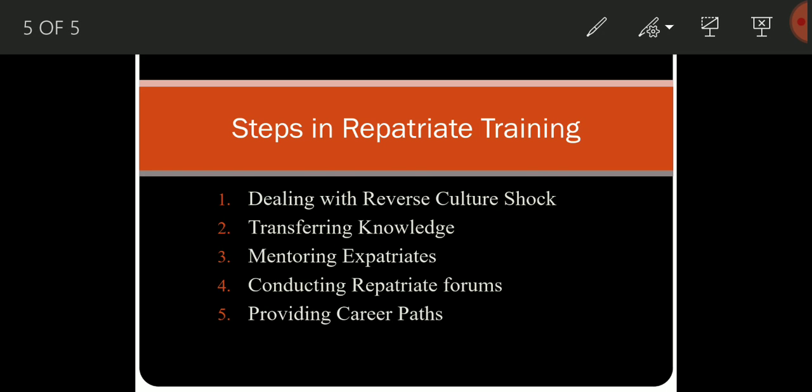Next, we will discuss stages in repatriate training. The first stage is dealing with reverse culture shock. What do we mean by reverse culture shock? When employees go on international assignments for a longer period of time, after completion, when they come back to their home country, they may face reverse culture shock.